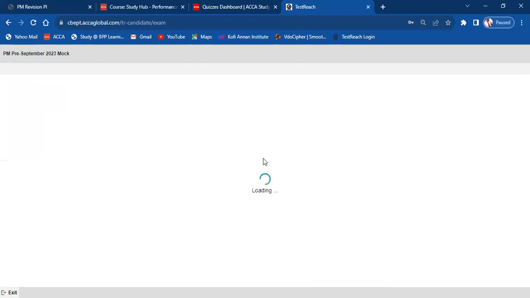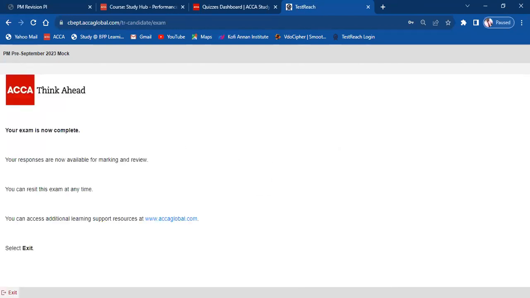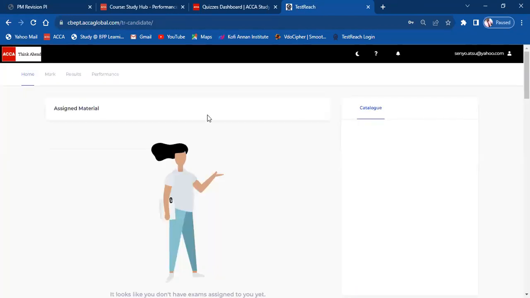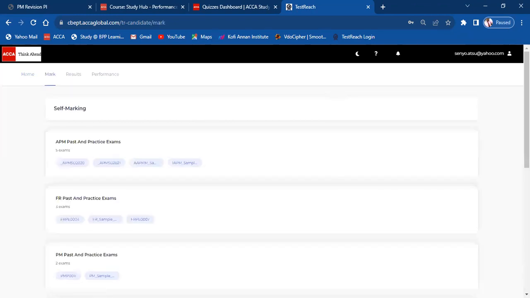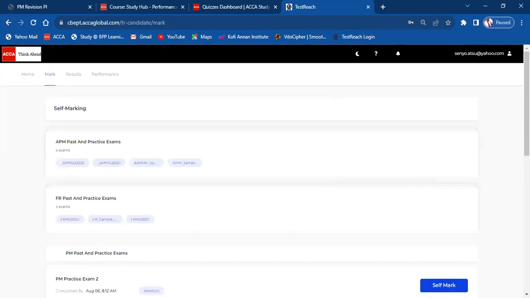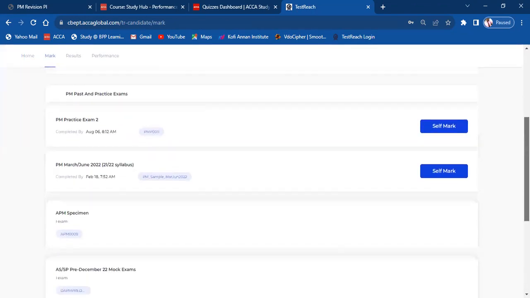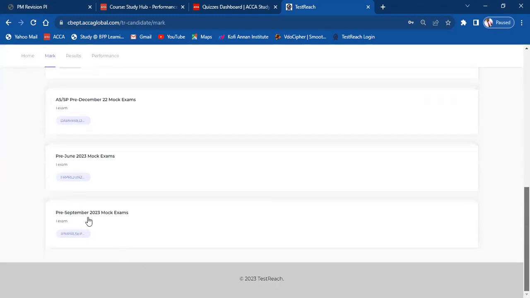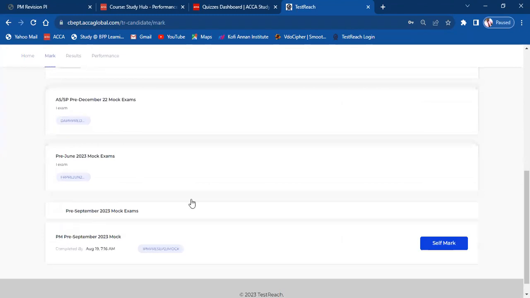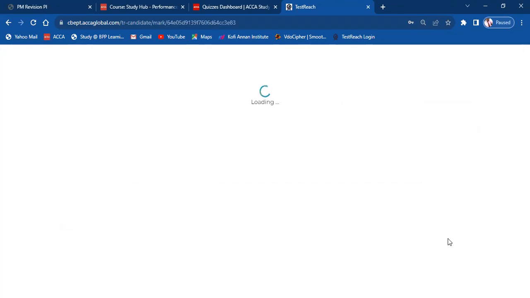End exam, yes. Exit. And mark PM past and practice exams. No, pre-September 2023 mock exam, self-mark. Only the objectives will be marked.